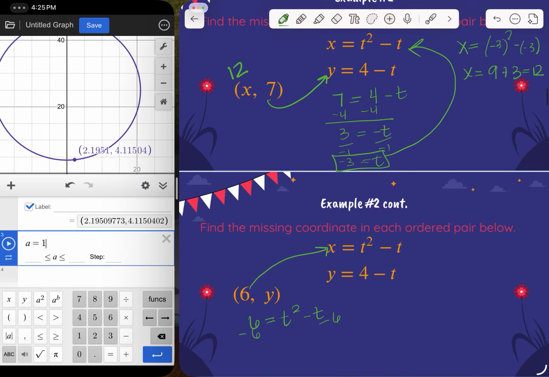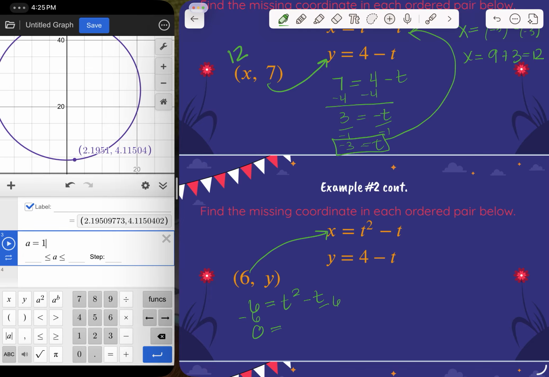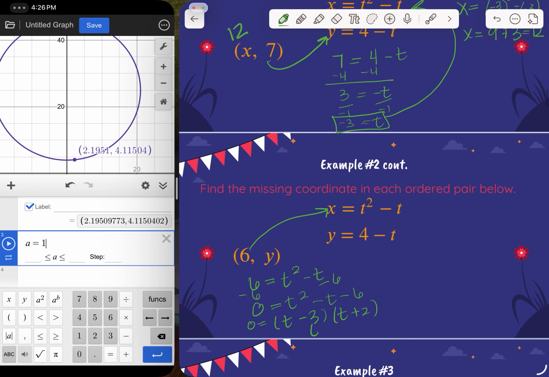So something we've talked about quite a bit is if it's a quadratic, it should have two answers, and it has to be set equal to 0 to solve. So I get t minus 3, t plus 2, and I get time as 3 and negative 2.